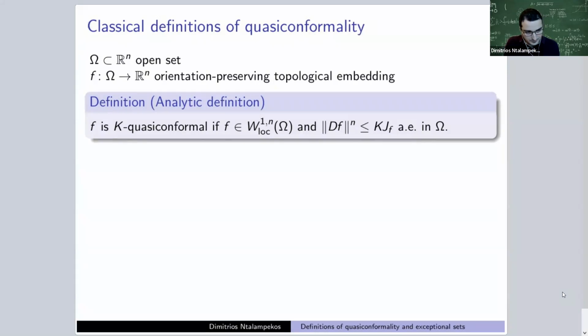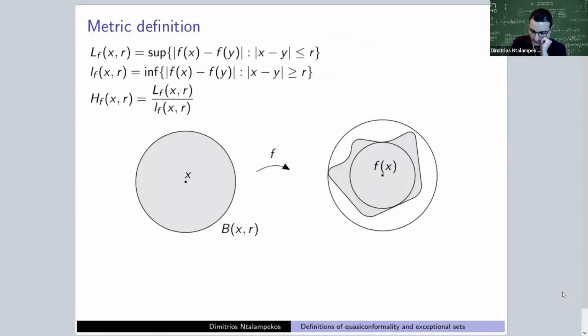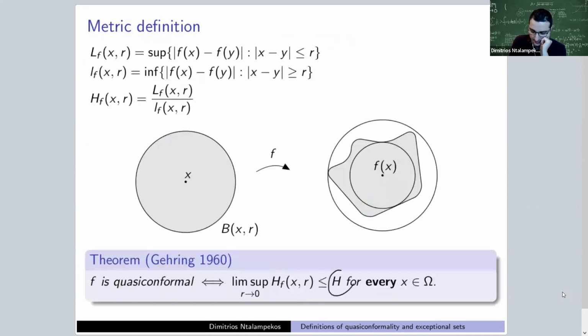Let me see. Yeah, first, one can look at the relation between the H in the metric definition and the K in the analytic definition. There is also some explicit relation, which again, I don't remember off the top of my head.